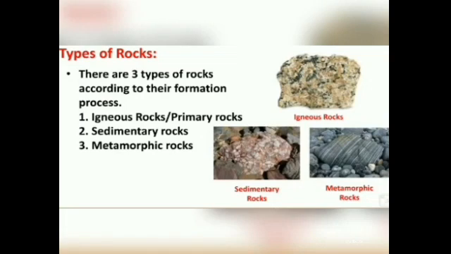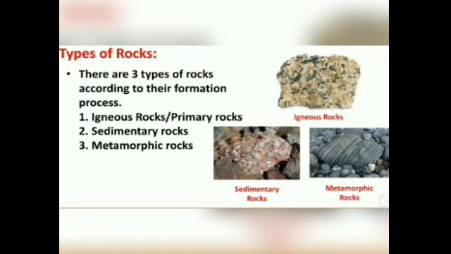Igneous rocks are called primary rocks because they are formed out of the material from the interior of the earth. Sedimentary rocks are rocks which are found on the earth's surface.